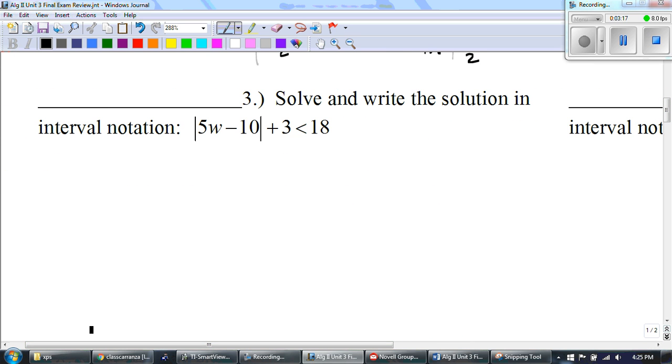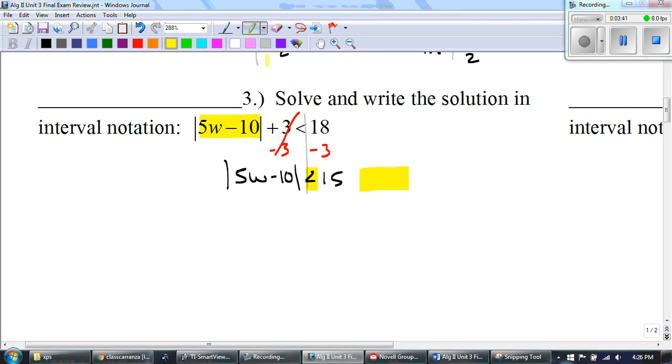Okay, solve and write the solution in interval notation. Just like up there, I want to get the absolute value by itself. So I'm going to subtract 3 from both sides. I get the absolute value of 5w minus 10 is less than 15.